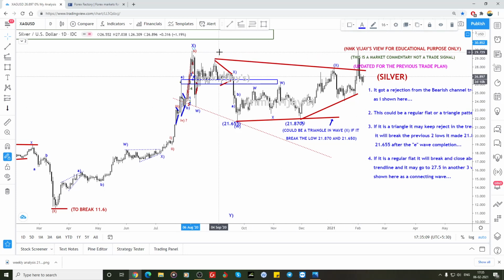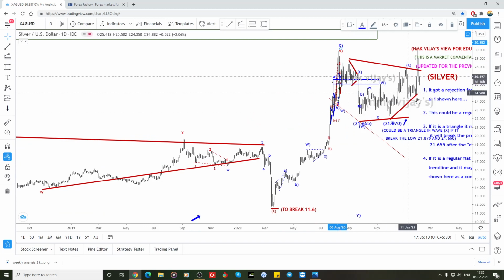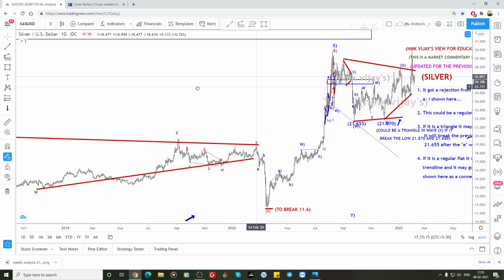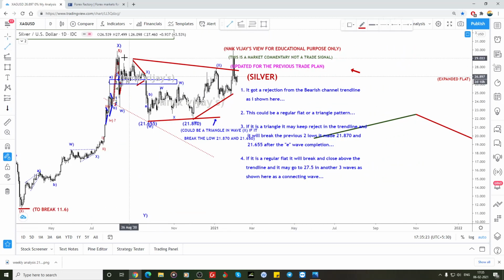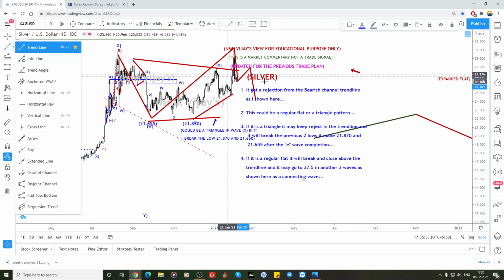So sometimes it looks like, okay, whether it is going to make one more low after this. It can be 22 or 20 or 21 or 23 like that, because if this is an irregular flat, we need it to be like this, and then only it has to shoot above.